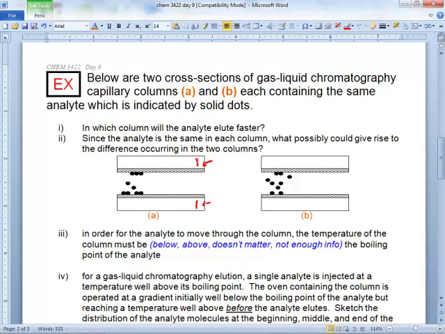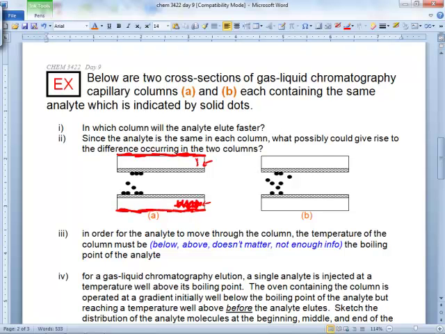I'm talking about this stuff, if I could shade it all in. The wall of the column? Which is what? Glass. That's the glass. In fact, I should have this outside part be really dark. Because what is that? The polyimide coating.